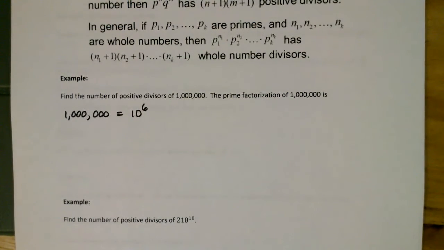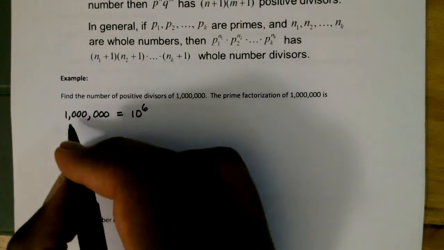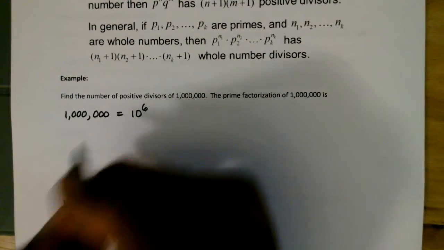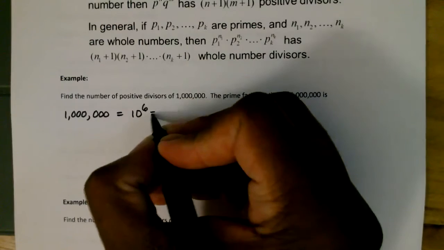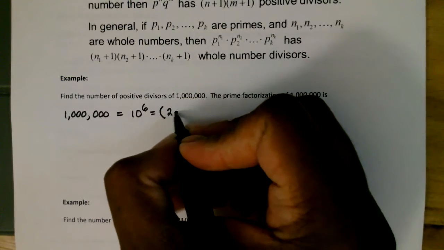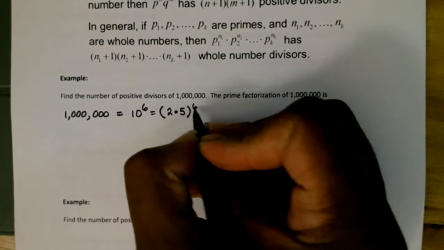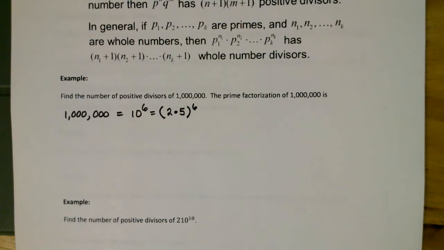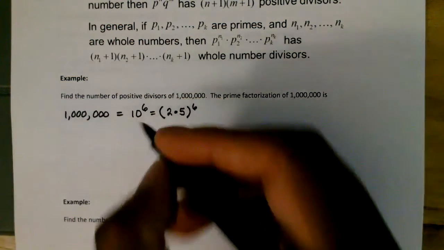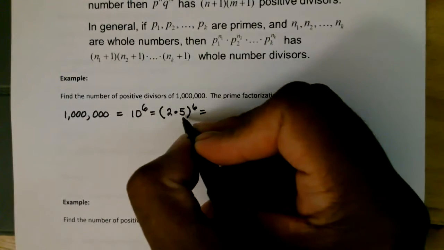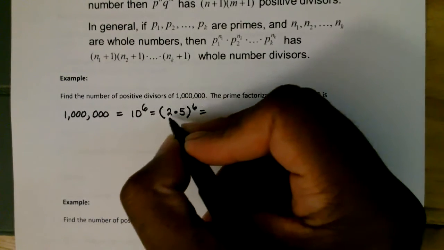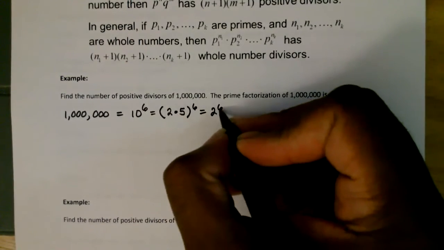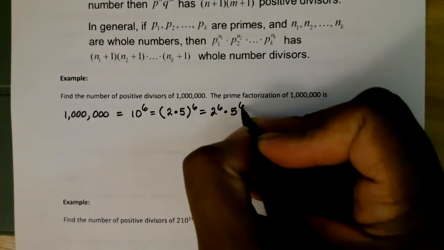The reason is that 1 million is a power of 10, so I can write it as 10 raised to the 6th power because it has 6 zeros. And of course, 10 is 2 times 5 as a prime factorization. And 2 and 5 will each be raised to the 6th power. So 2 to the 6th power times 5 to the 6th power.